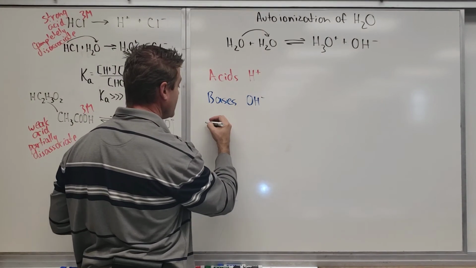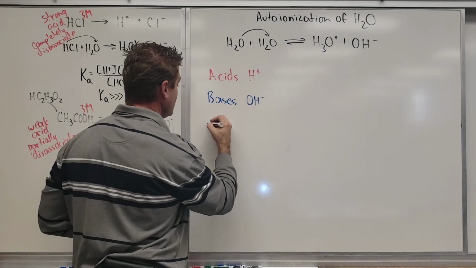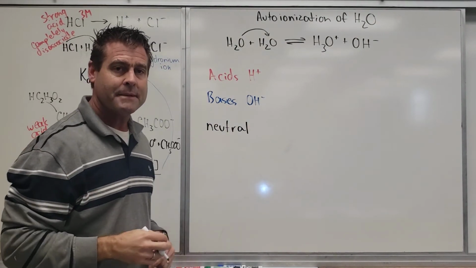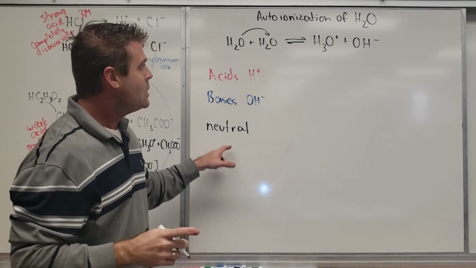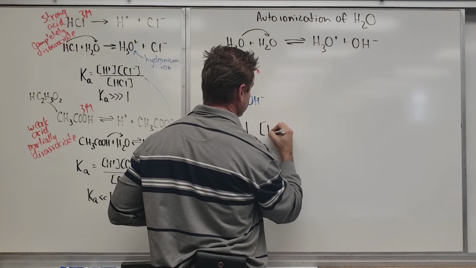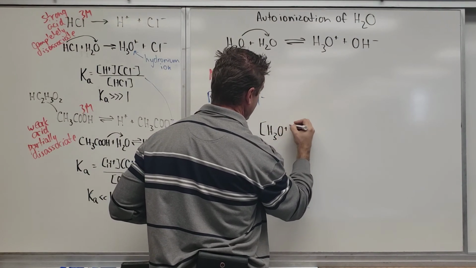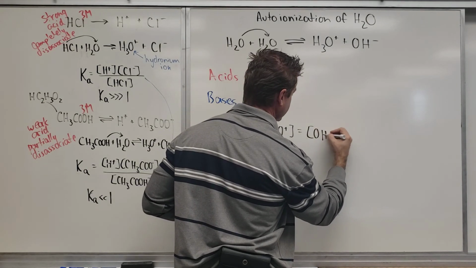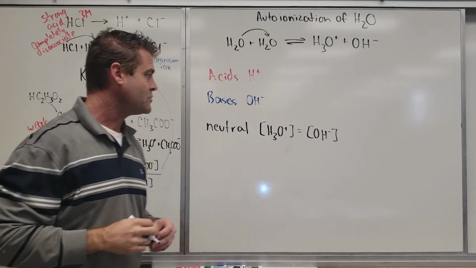Pure water has a pH of 7. We would say it's neutral. So in a neutral solution, what makes it neutral? It's neither acidic nor basic. What could you say about these concentrations? Isn't the H3O plus concentration equal to the hydroxide ion concentration? That's what we mean when we say it's neutral.